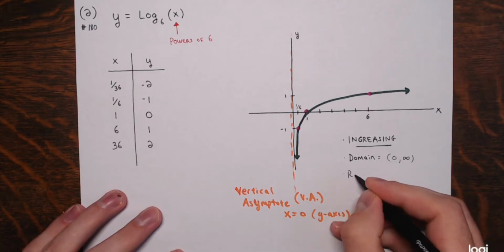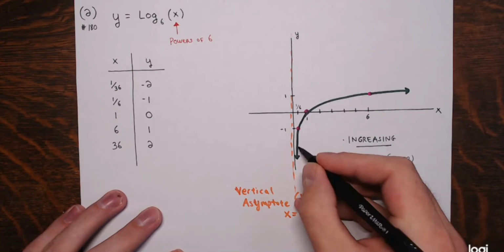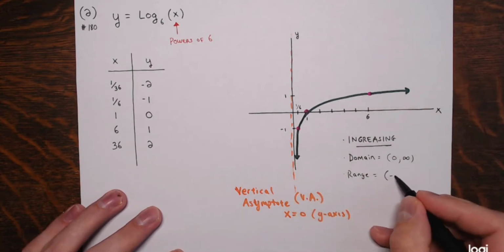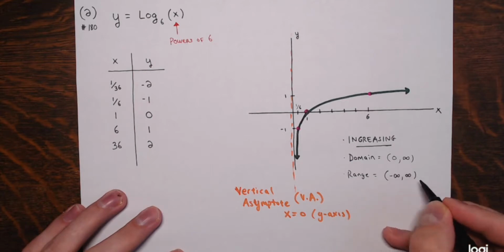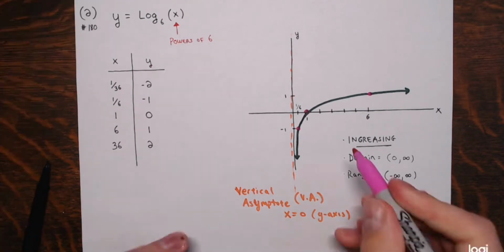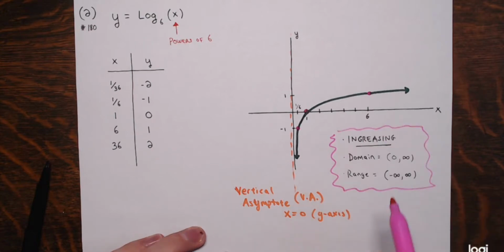And the range, the y values being used, is everything. It's going to negative infinity here, it's going to positive infinity over there. Every real number output is possible. So you should know this stuff about some basic logarithmic functions.